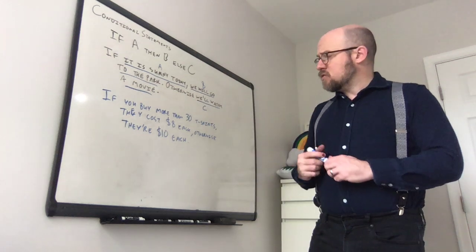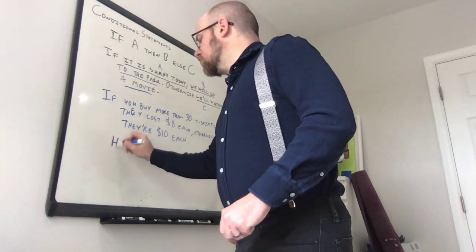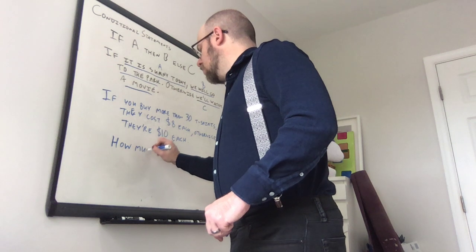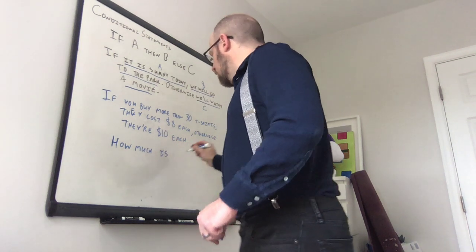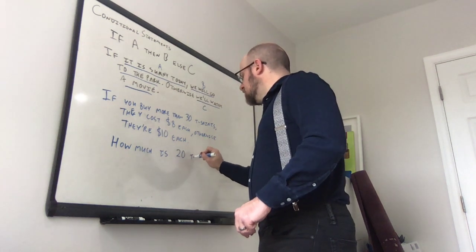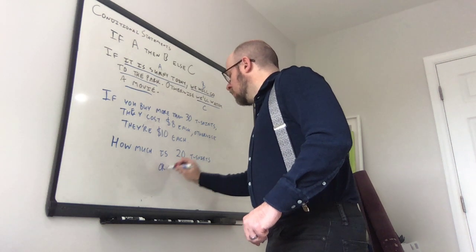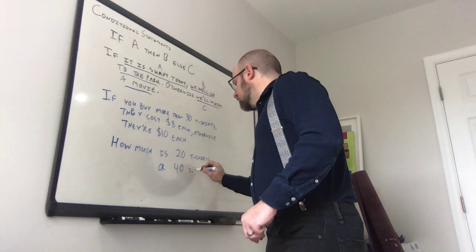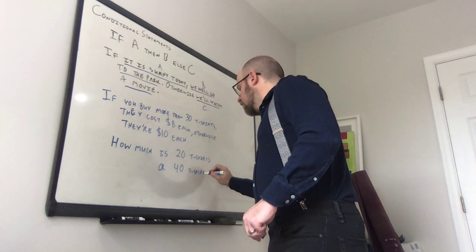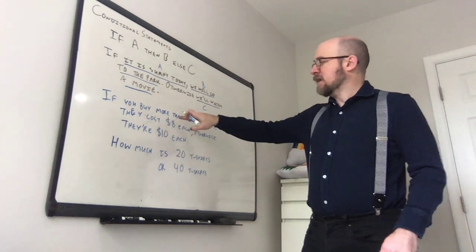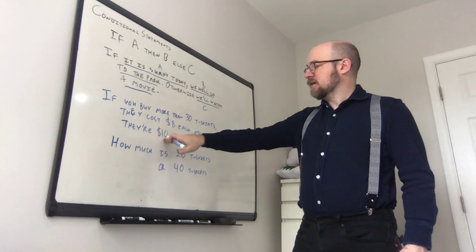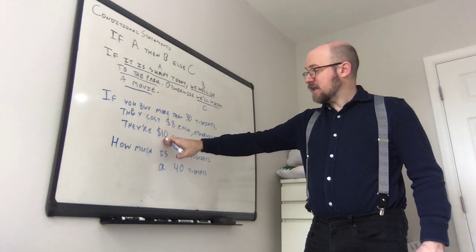Okay? And so you could ask, like, how much is, say, 20 t-shirts? Or 40 t-shirts? Right? And so if you buy 20, that's less than 30. So you're in this situation where they cost $10 each.